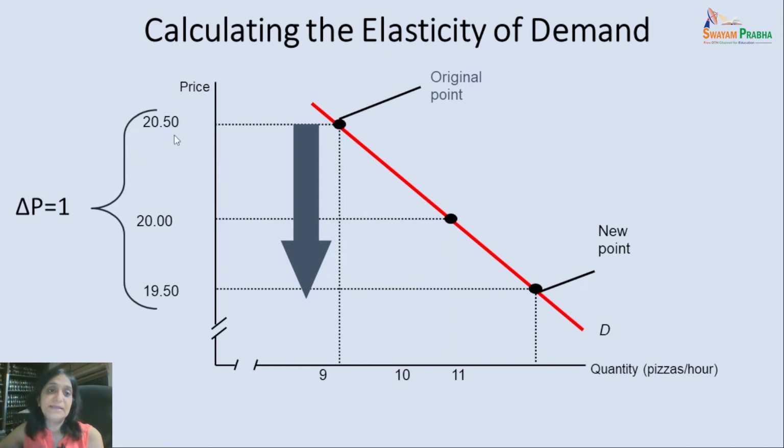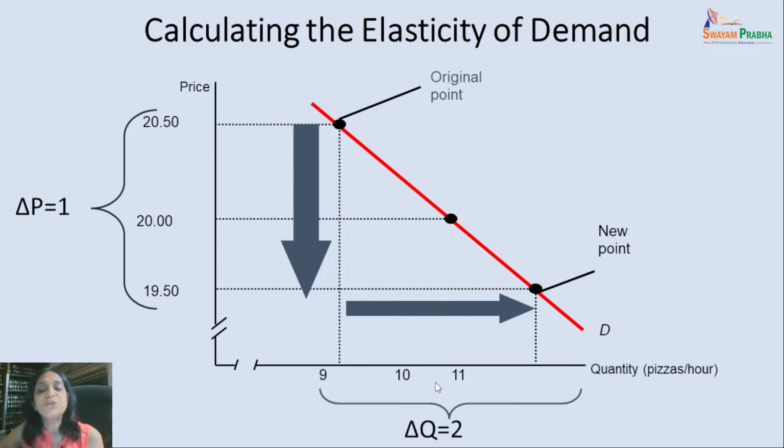Because there is a fall in price, we see this downward arrow. What is the change in price? Change in price is 1. Again, there is a change in your quantity, 9 to 11 units, that is at 19.5 price, the demand is 11 units. So the change in quantity is Q2 minus Q1, that is 11 minus 9 is equal to 2.